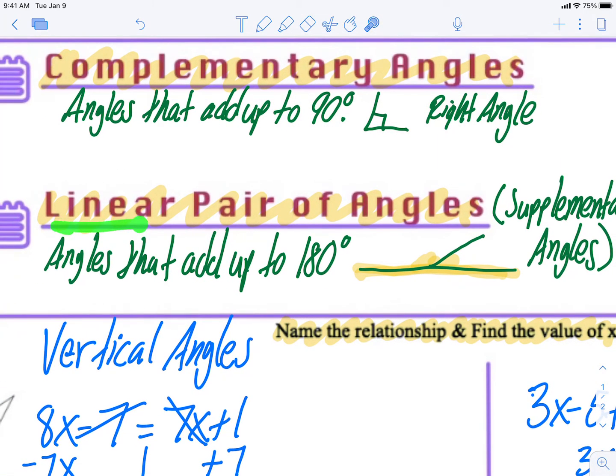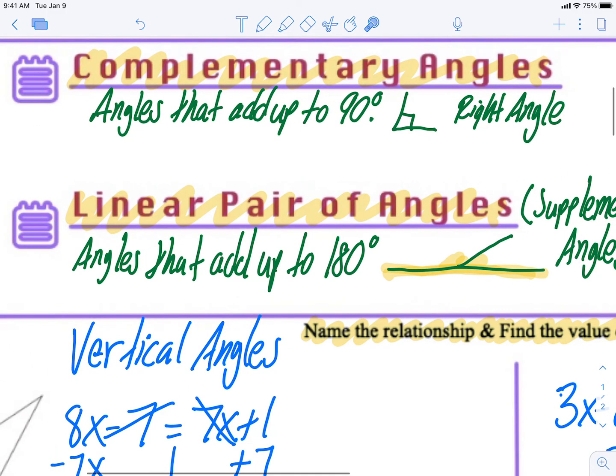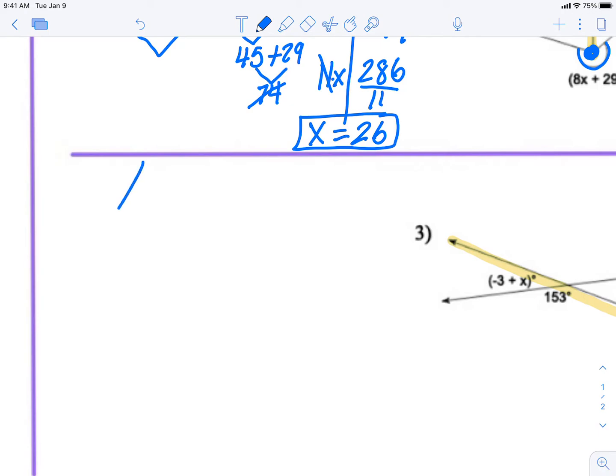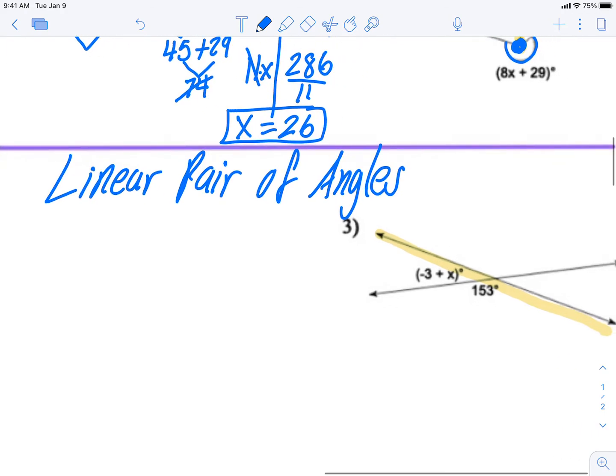This is a linear pair of angles because look, straight line, which are also called supplementary angles, angles that add up to 180 degrees, right? So these are a linear pair of angles, and they add up to 180 degrees. So that angle plus that angle together add up to 180 degrees.